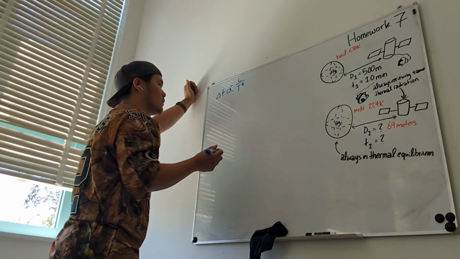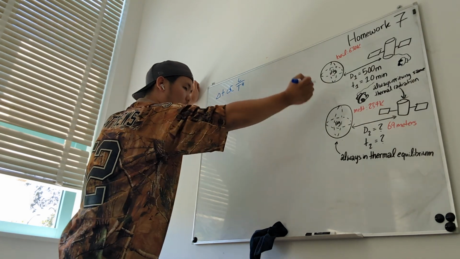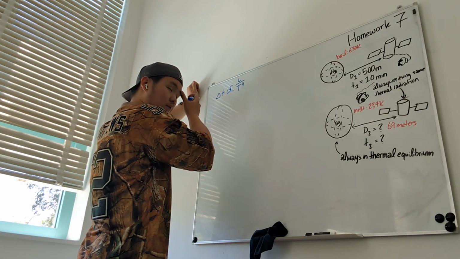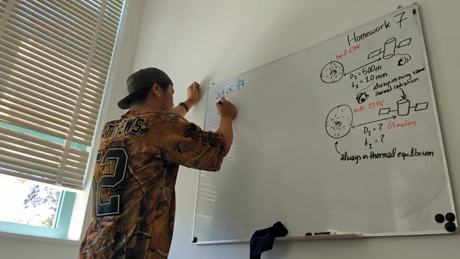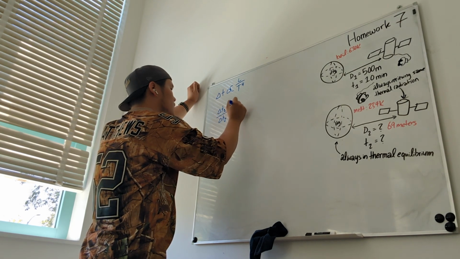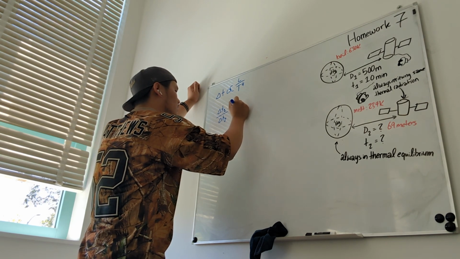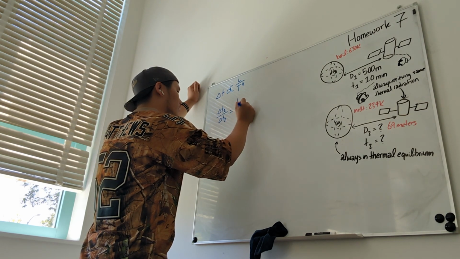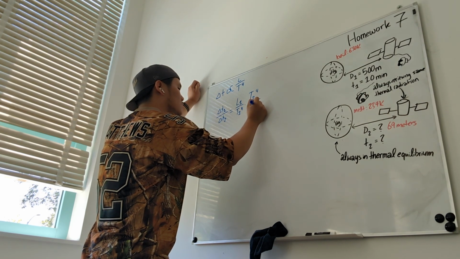We know latent heat because we know what material it is, and we know the temperatures because we found them, or they're given to us because it's mercury. So we can set delta t1 over delta t2 equal to L1 over T1 to the fourth times T2 to the fourth over L2.